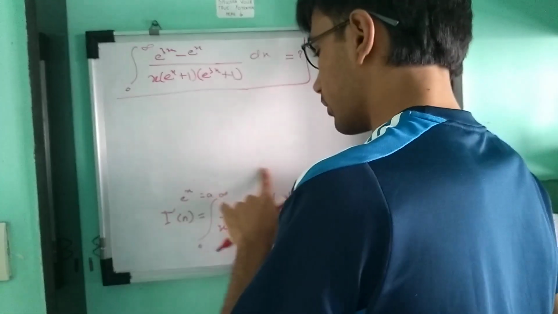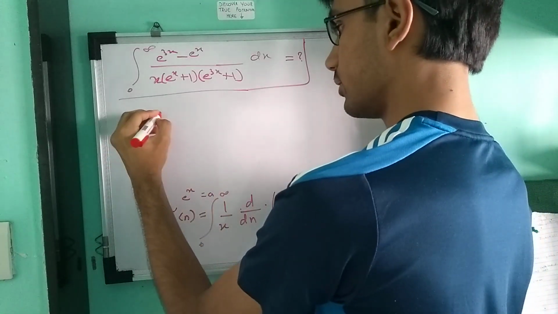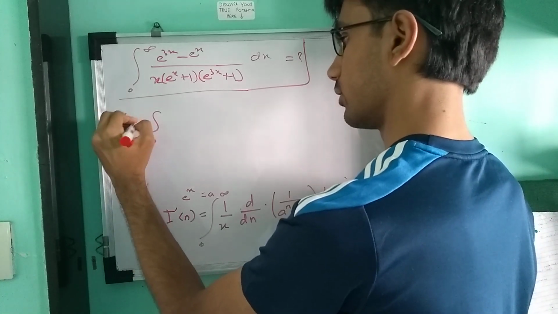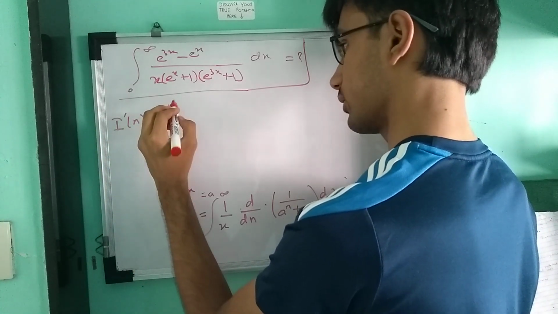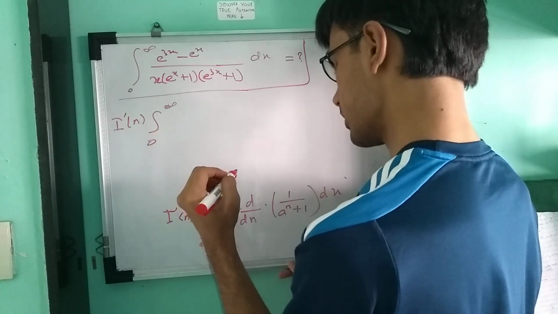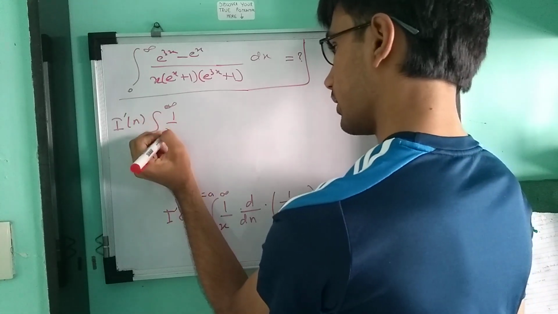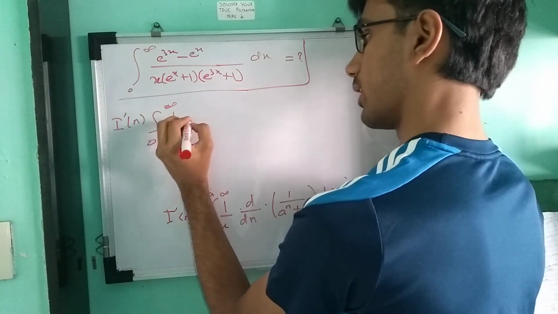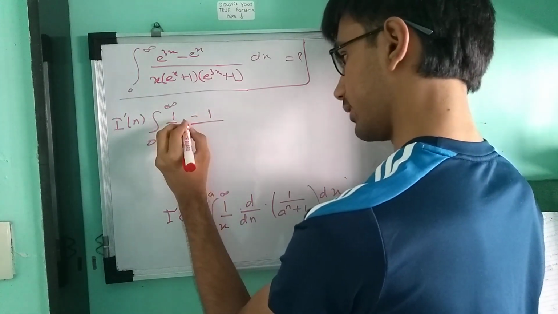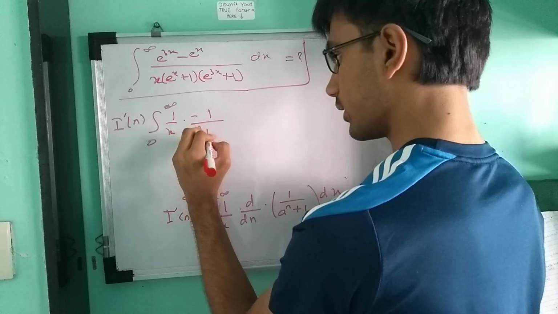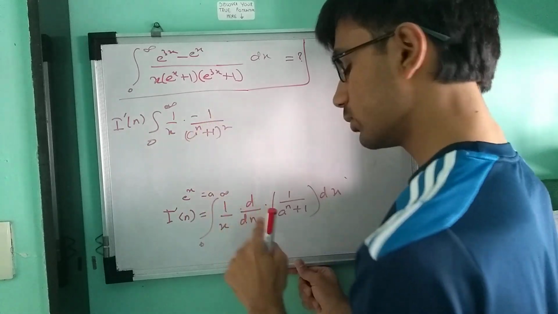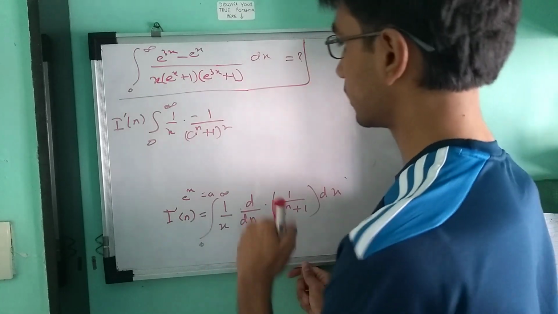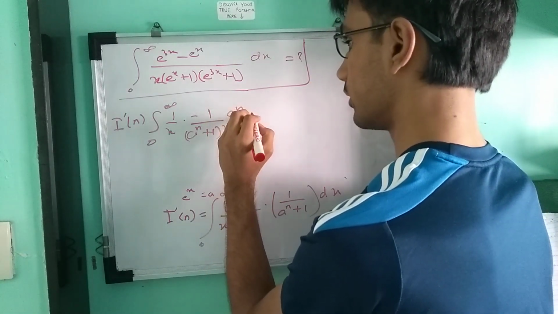So when I differentiate this with respect to n, I get I dash n is the integral from 0 to infinity of 1 by x. I'll apply chain rule here. I'll get minus 1 by a to the power n plus 1 the whole square into d by dn of a to the power n plus 1. And we all know that is a to the power n ln a dx.